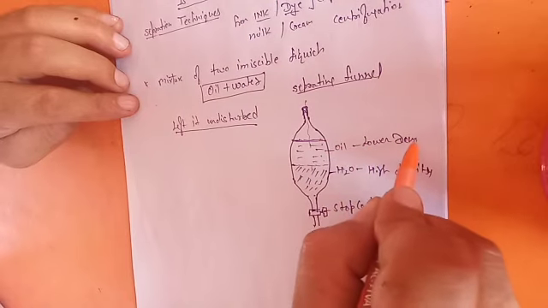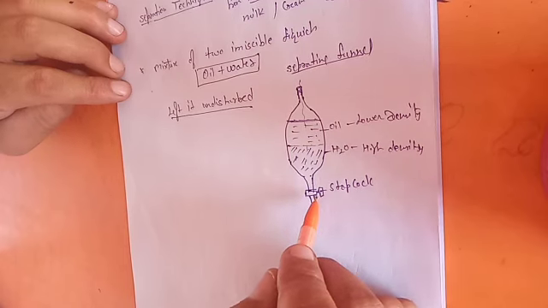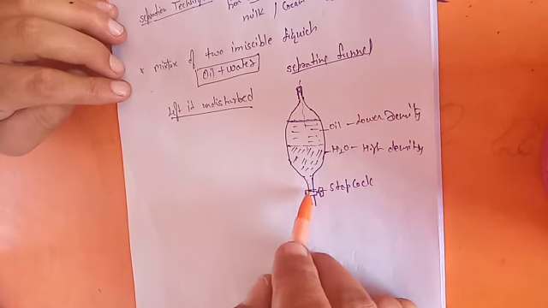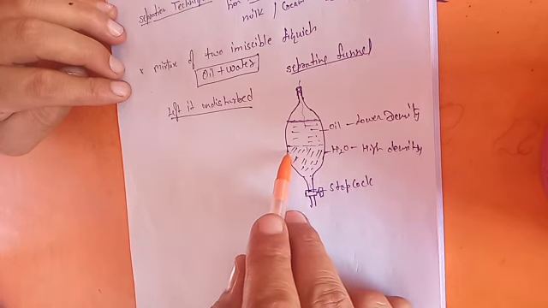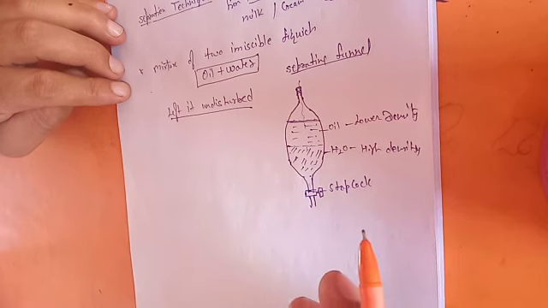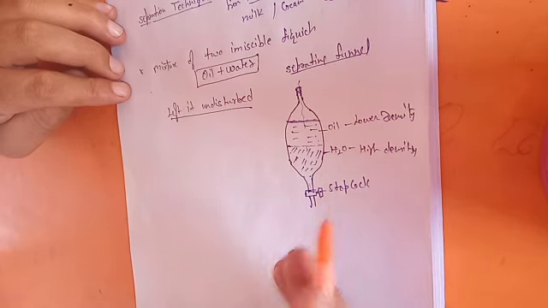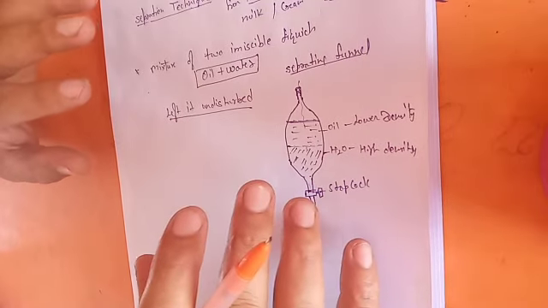So two different layers form according to density. Now what will you do? You will open the stopcock and let the water come out very slowly. When you have come up to this layer, your mixture is separated. This whole concept is based on the density principle.